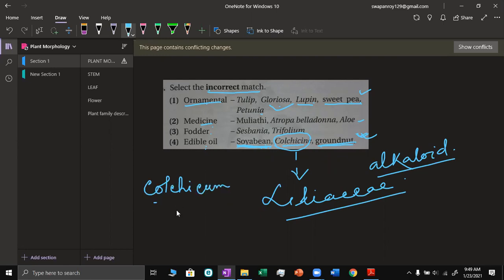From Colchicum autumnale, an alkaloid chemical is obtained, that is known as colchicine. Colchicine is very important in the cytology laboratory, in cytological experiments and in plant breeding.